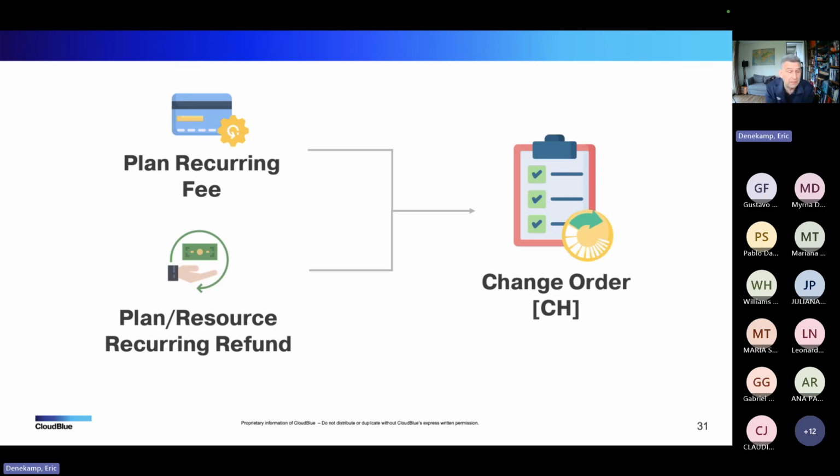So this could even mean that there are, under the hood, 4 calculations done. Refund of original plan, charge for new plan, prorated, refund for original resources, and charge for new resources. You won't see everything in those items. Sometimes you do, depending on how it is configured, but the change order will take all that into account.